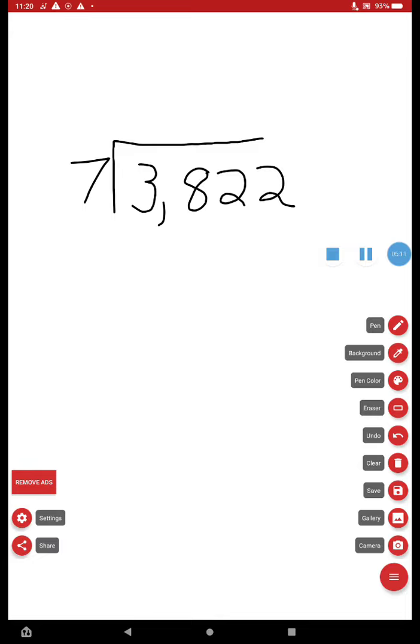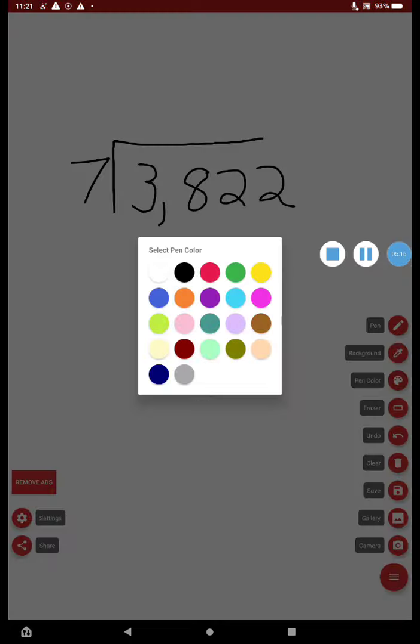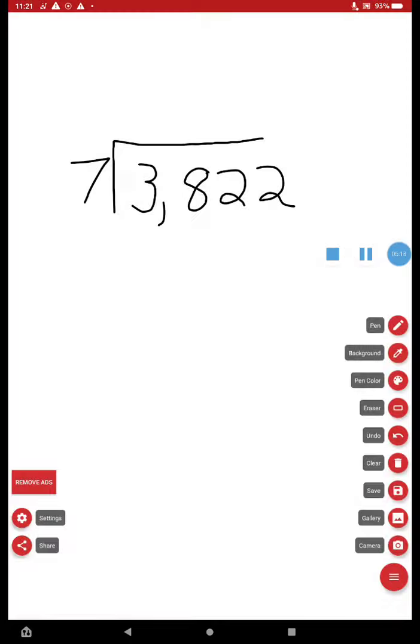Now I'm going to find the quotient. Here's what I do when I divide. I'm going to write in green off to the side. First I divide, then I multiply, then I subtract, then I bring down. Say it with me. Divide, multiply, subtract, and bring down. One more time. Divide, multiply, subtract, and bring down. Let's do that together.